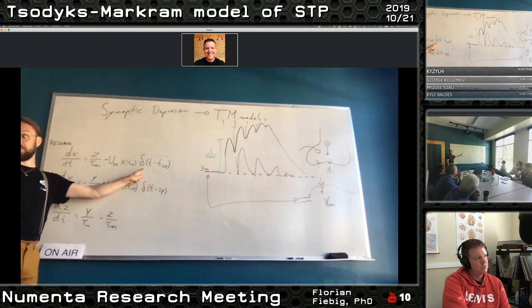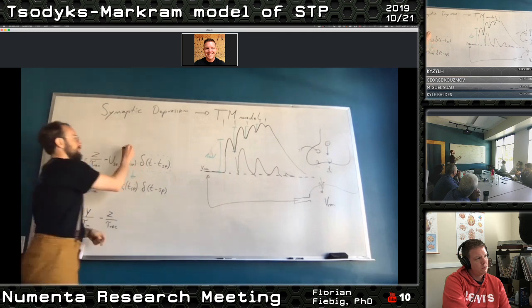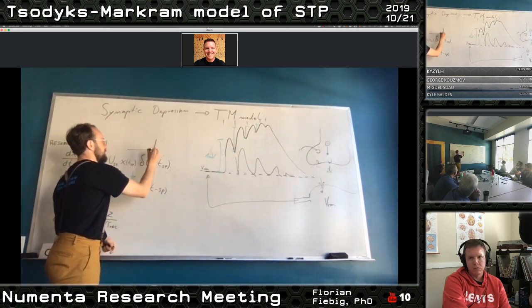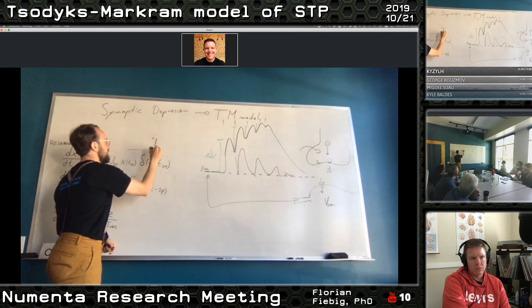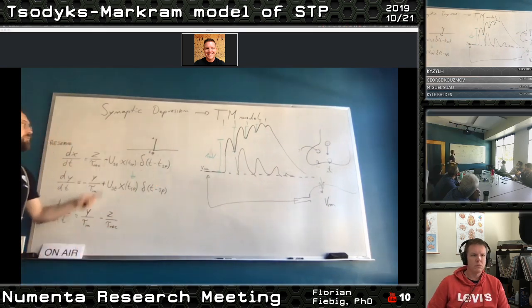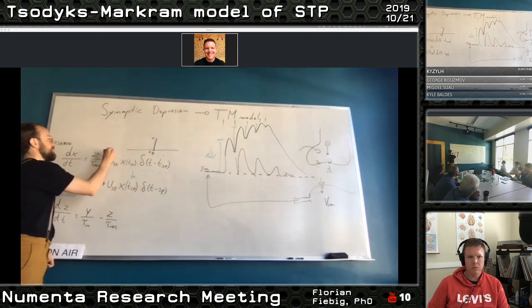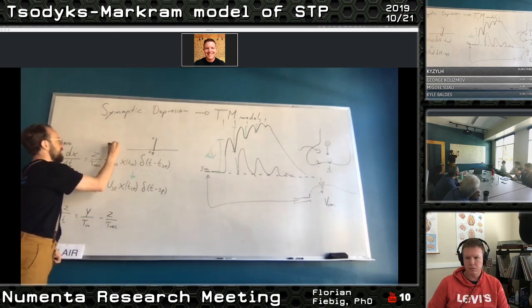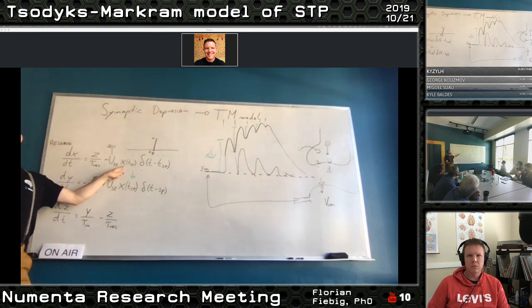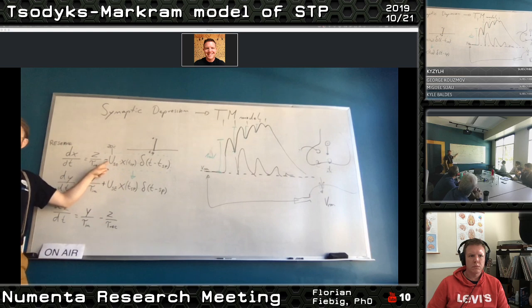This is a delta function. So that function is 0 at all times, right? Except at the spike time, t_sp, where it is 1. So when there is a spike, some fraction, so let's say 20%, of the available synaptic resources of the reserve pool will get used up. That's why it's subtracted.